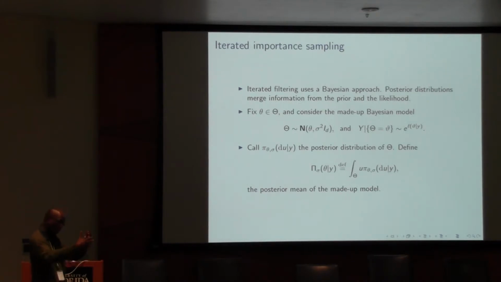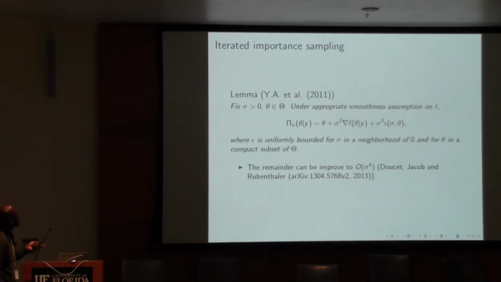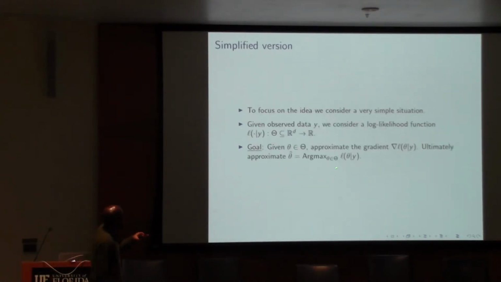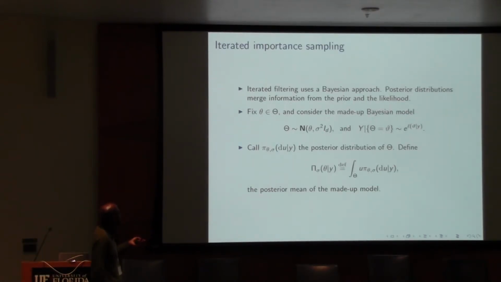And if I can sample from that posterior distribution, knowing where I'm starting from, I can use that to gain information about the gradient at theta. It turns out that it works exactly like that. If you look at this posterior distribution and take its mean, this mean would be somewhere between theta and the maximizer of your likelihood function.